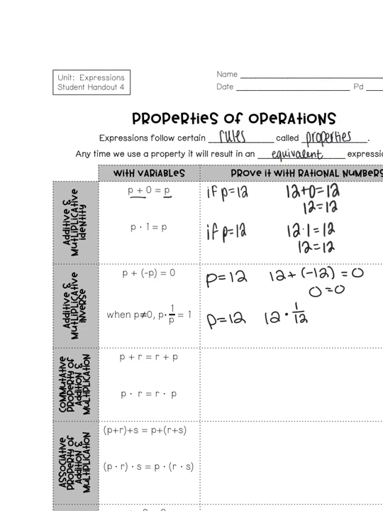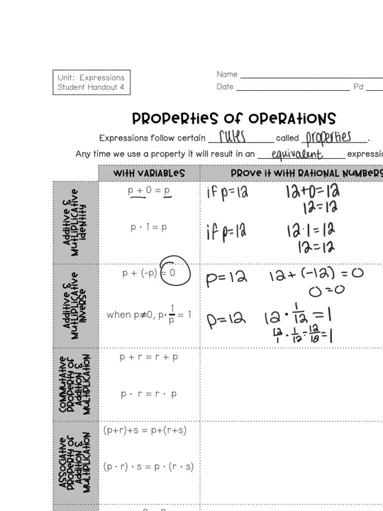Okay, and 12 times 1 over 12, I get 12 over 12, which equals 1, right? So additive inverse, what you add to the number to get 0. Multiplicative inverse, what you multiply by the number to get 1.